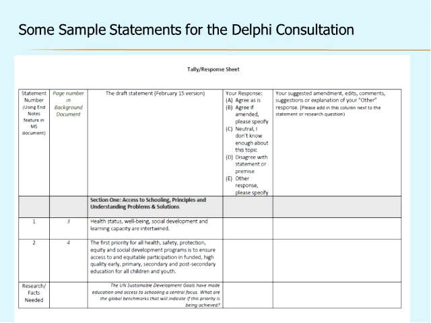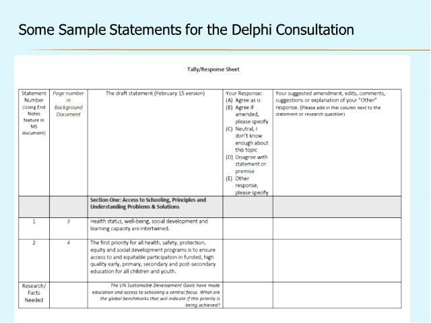So the first one that we identified was item number 1: the health status, well-being, and social development and learning capacity are intertwined. So that's the draft statement. You can see it also for easy reference back to the document. There is a page number.